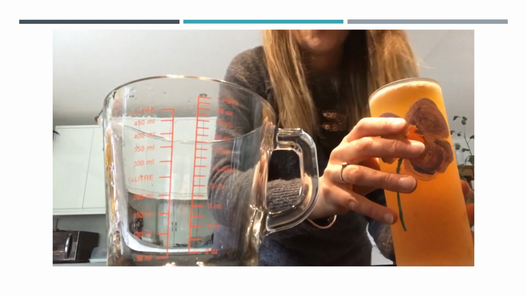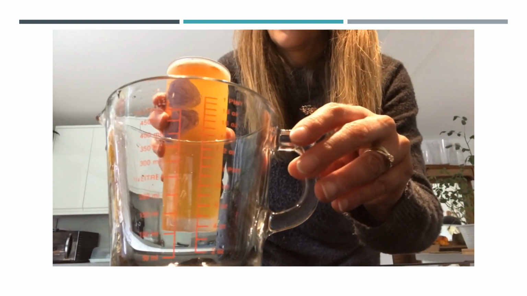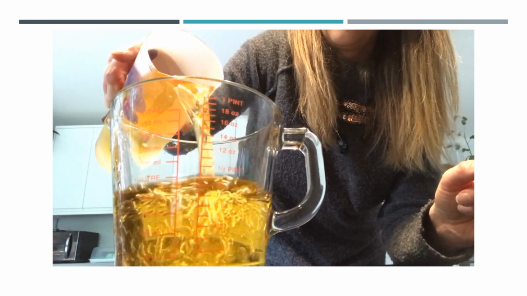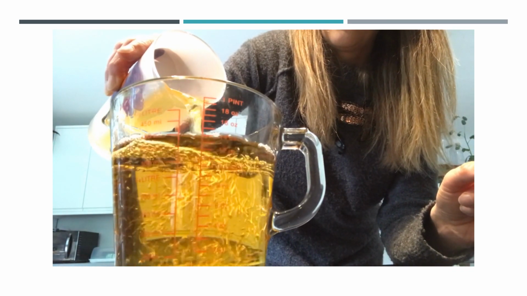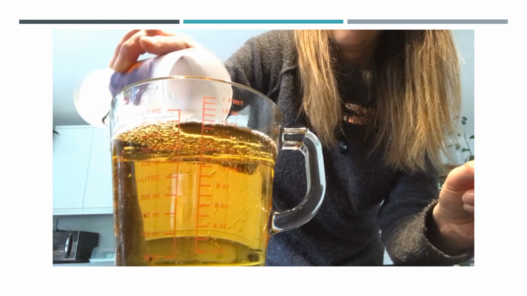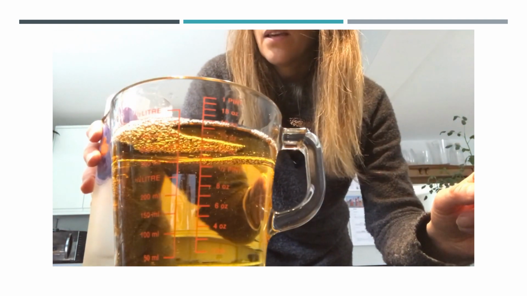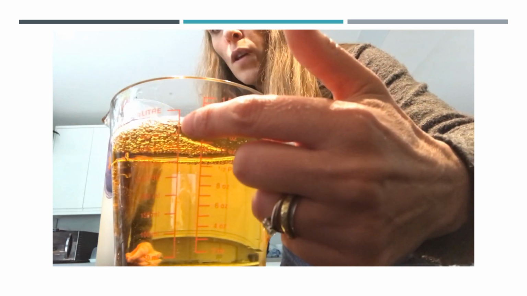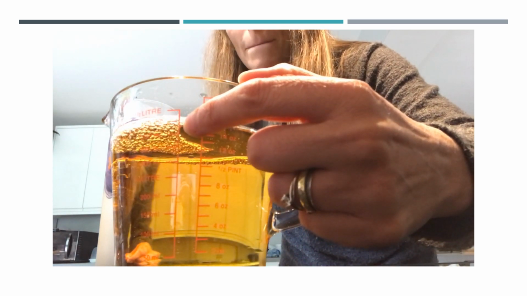Now let's have a look at the tall glass. Okay, ready? Oh, interesting. This only holds 450 millilitres.